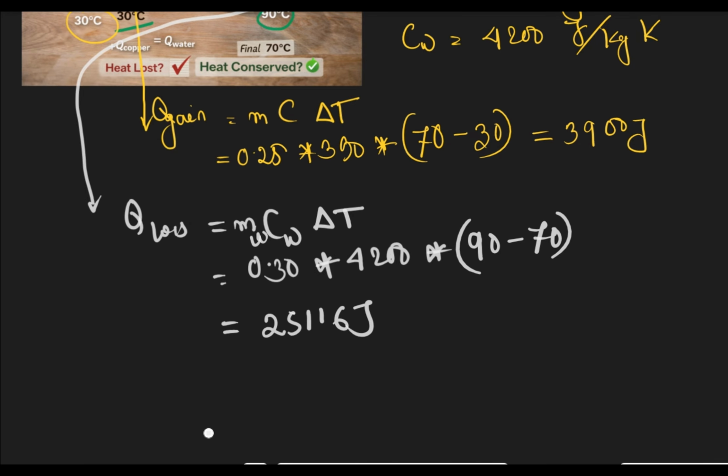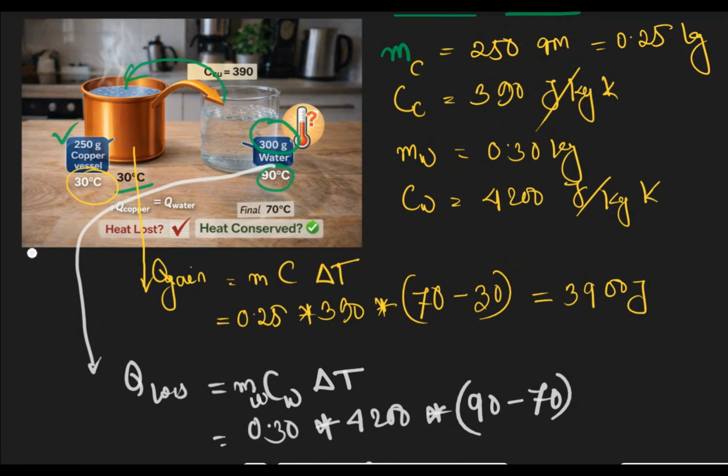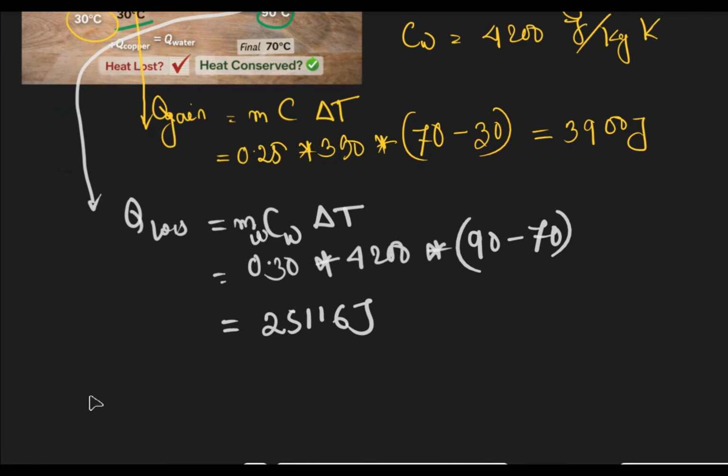25116 joule, right? So in this system, by the formula of calorimetry, the heat loss is equal to heat gain, right? It has to be a common empirical formula for a system where heat is being lost or gained. Indeed, heat gain should be equal to heat lost, right?